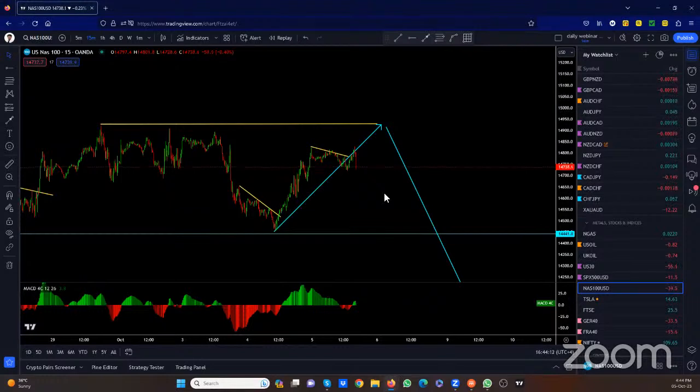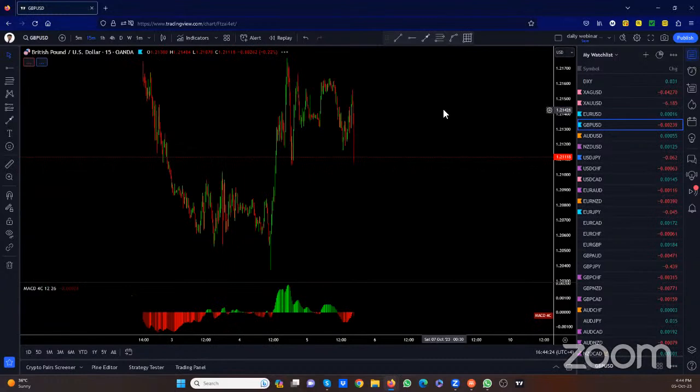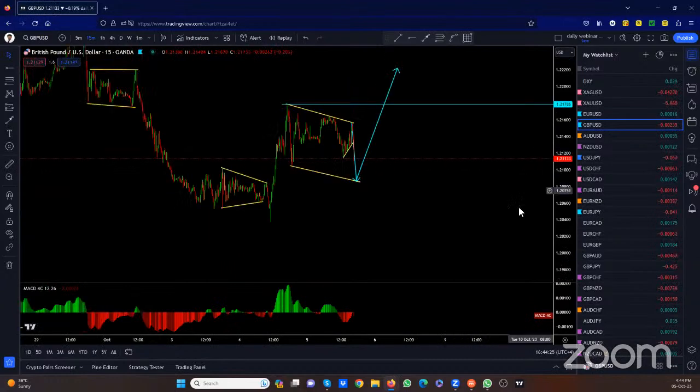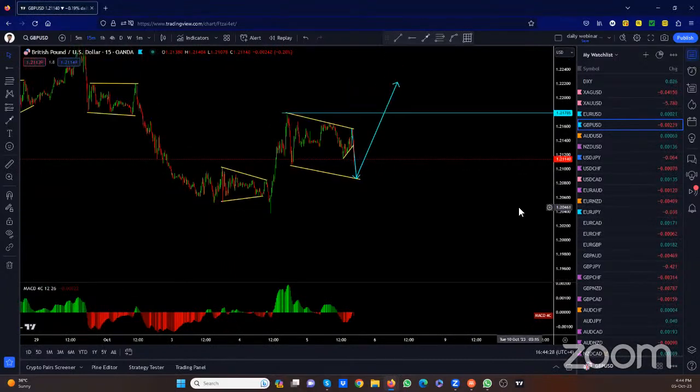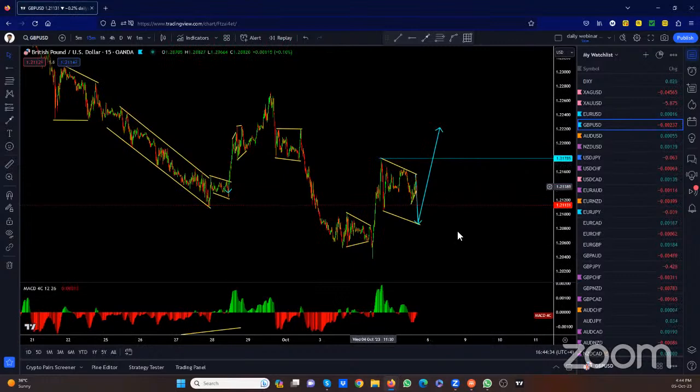Let's see. Can we consider a buy limit order on the Euro USD? On the Euro USD, no, but on the Pound, I'm thinking about it. That might be a good idea because of this sharp impulse here, and all the consolidation is at the top there.